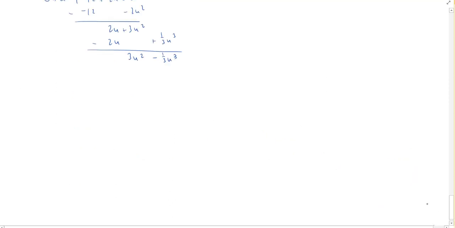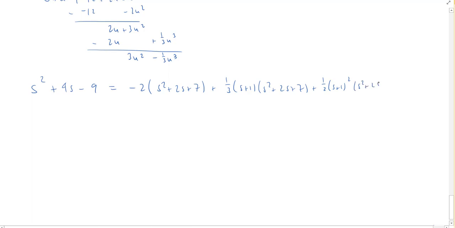When I clear denominators, it's going to look like s squared plus 4s minus 9 is equal to negative 2 times s squared plus 2s plus 7, plus a third times s plus 1 times s squared plus 2s plus 7, plus a half times s plus 1 squared times s squared plus 2s plus 7. And then this last bit is the ds plus e times s plus 1 cubed.